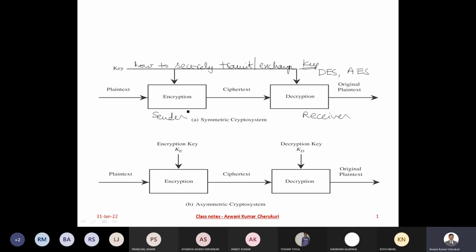Both at sender and receiver, how do they have the common key? I can make a robust encryption algorithm, and I am going to use a larger key size. But if I do not share my key in a secured manner, the whole exercise is lost, right?